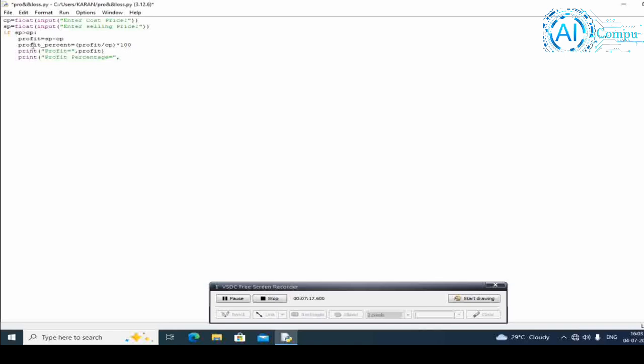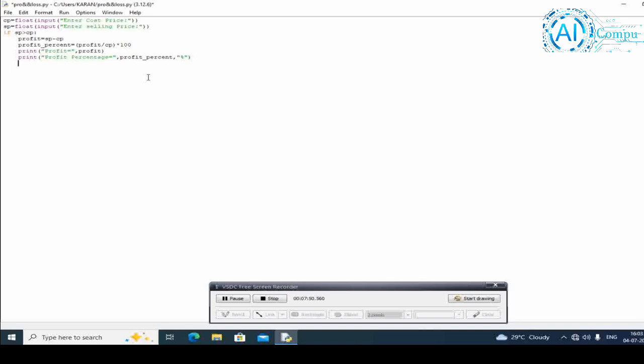So just write this variable name, profit percent. And one main thing, we will use a percentage sign for printing. So in double quotation, you can use this percentage symbol, okay, closing the bracket, all good.